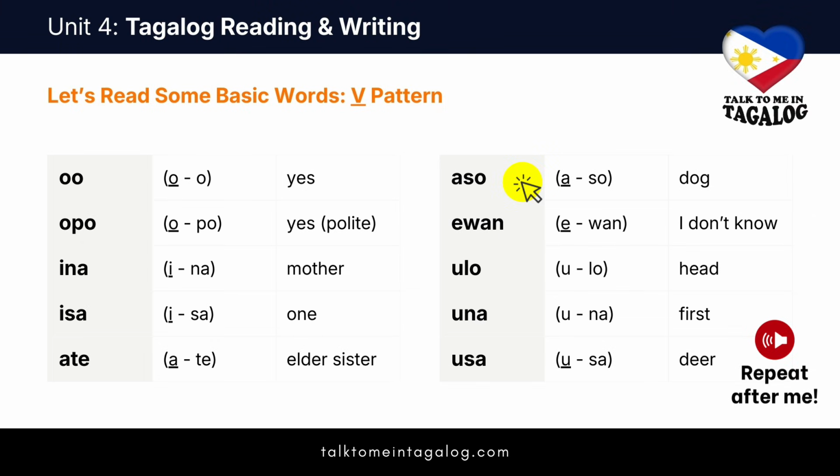Aso. Aso. Dog. Ewan. Ewan. Meaning, I don't know. Ulo.